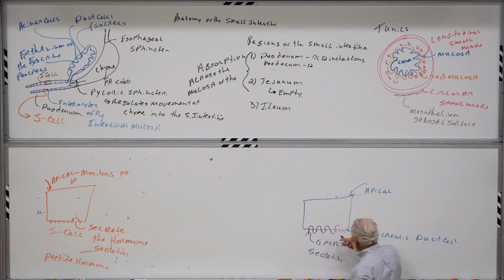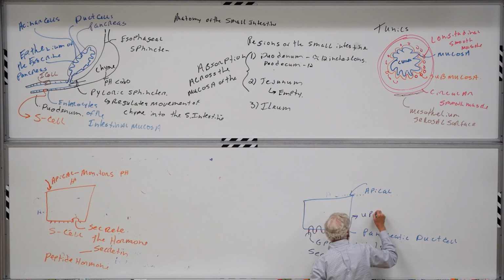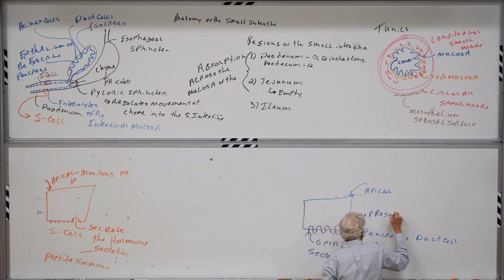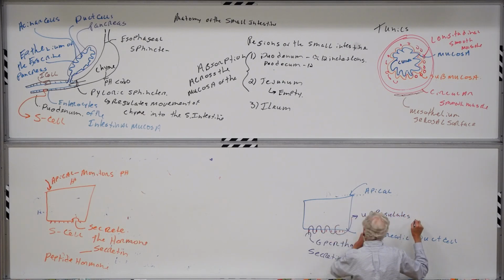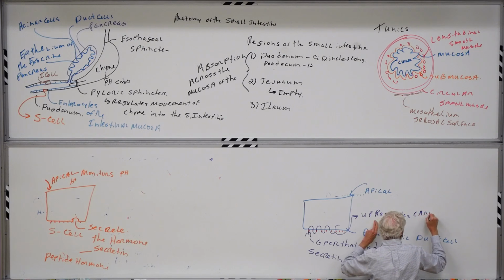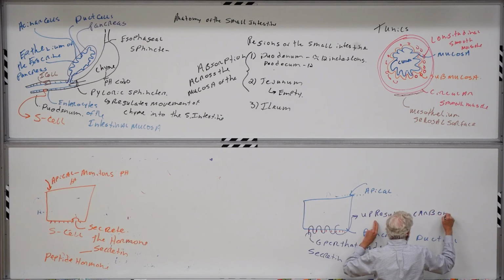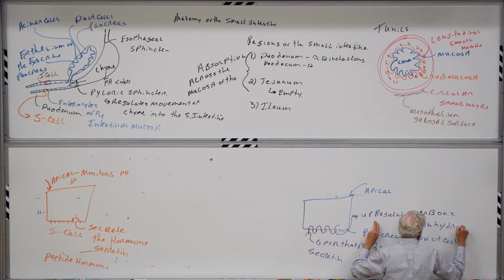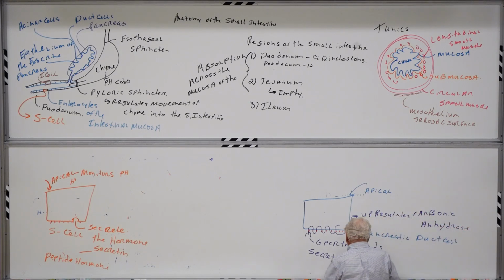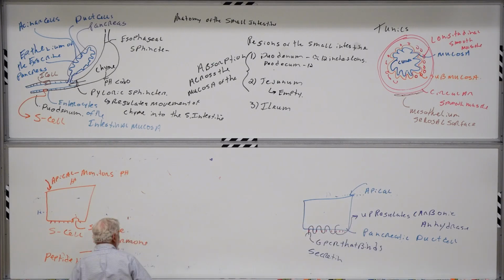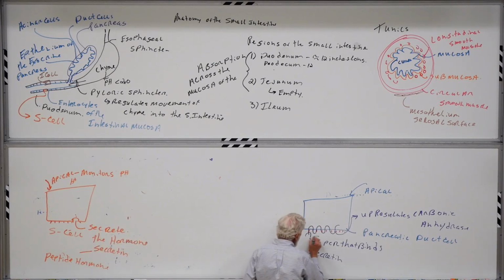And what this G protein coupled receptor does is it upregulates carbonic anhydrase. Now remember, the basolateral surface here is going to be not far from a capillary.